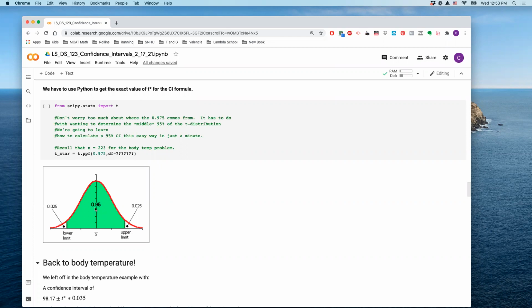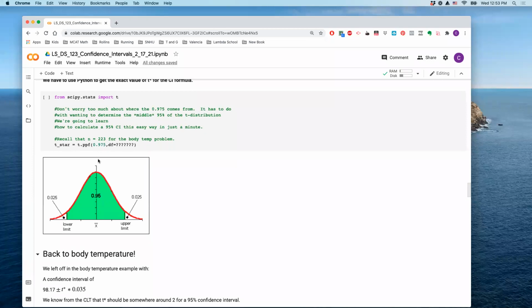Because we expect the middle 95% of the data to fall to the left of the line, plus half of the remaining 5%, the number that we have to put in the front of this tppf function is 0.975. Again, we're going to make this a little bit easier in a minute. I just want us to get a value of t star out so we can look at t star on its own real quick.